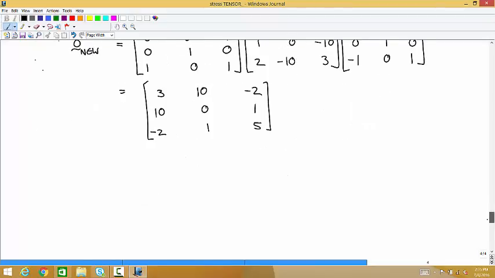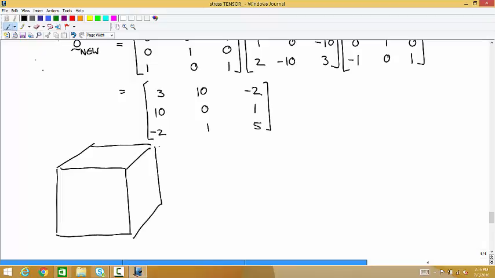In this case, because this coordinate system is at right angles to our old coordinate system, we can actually check this and make sure that it makes sense, because we can draw a stress element with our new coordinate system. So we have y up, z that way, and x that way.